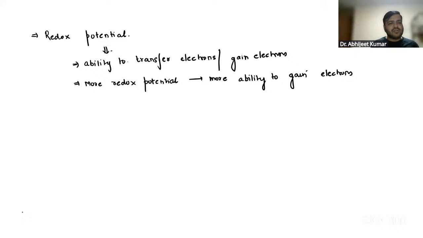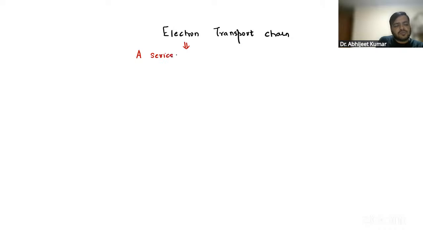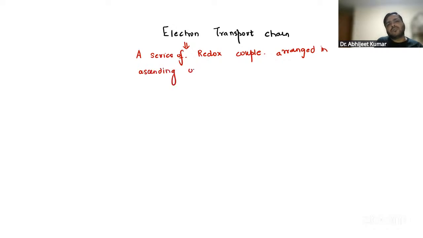Now, when we say electron transport chain, it is nothing but a series of redox couples arranged in ascending order of redox potential.